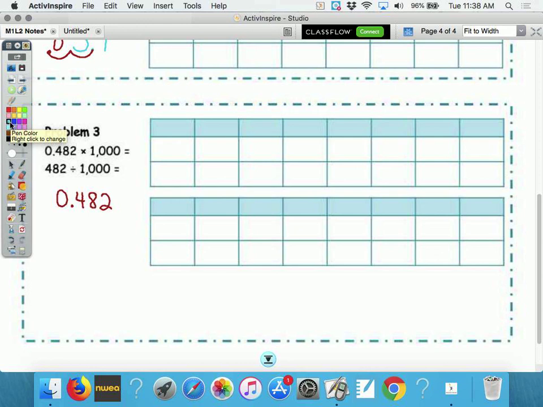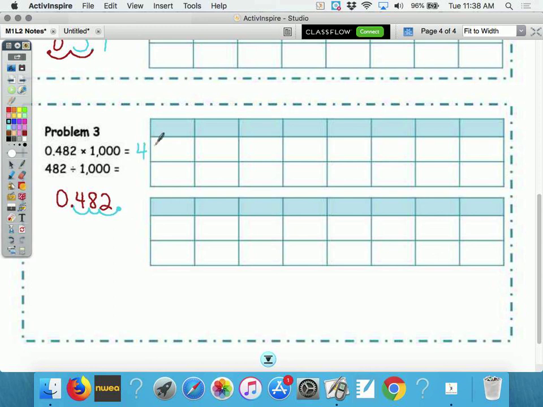The decimal trick tells me to move it to the right when I multiply. How many place values? Three, right back here, for 1,000. So watch me move it to the right: 1, 2, 3. So the decimal's going to end up after the 2. Go ahead and hop it yourselves.